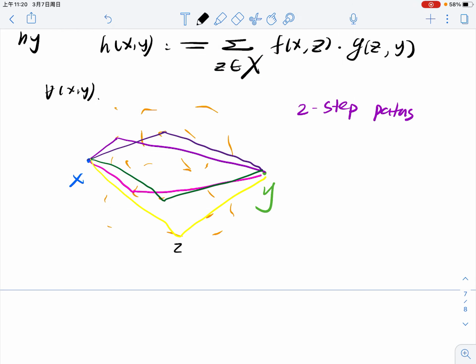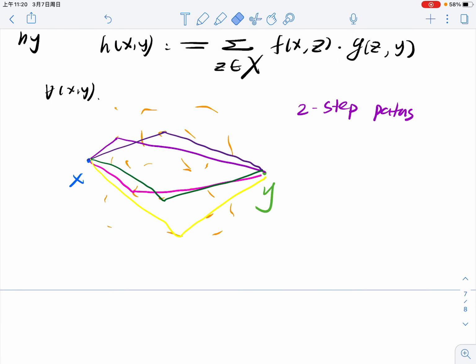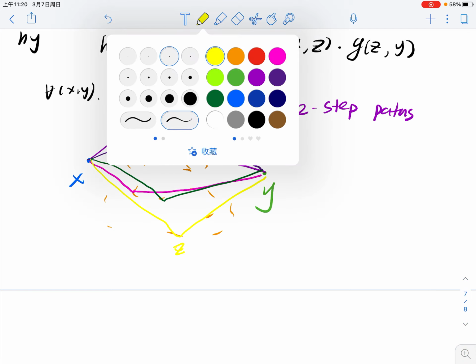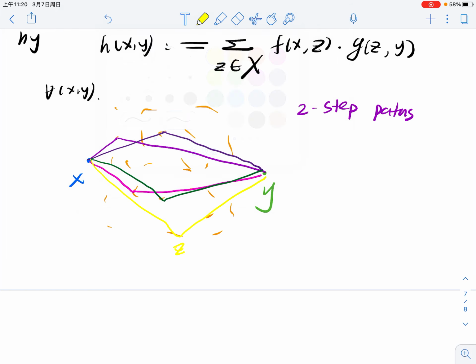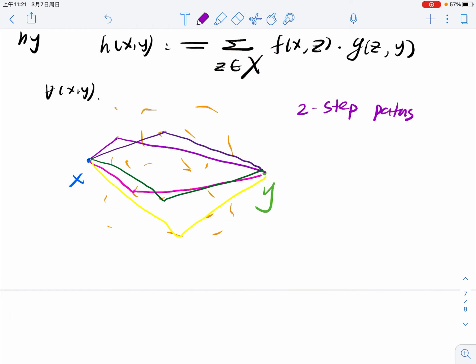So for example, this is z. Then here you assign f(x,z), and here you assign g(z,y).